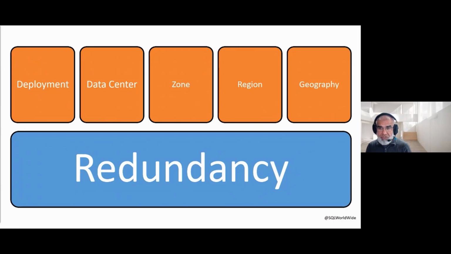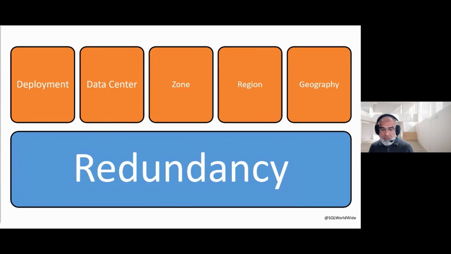So if a whole region goes down, what do you do? There's some built-in HADR solution, but they do not expand beyond a region. They're within a region. And once you go through those, it will make sense. So think about all this, right? Do I have redundancy geographically? If I'm doing business in multiple continents, how do I design this?